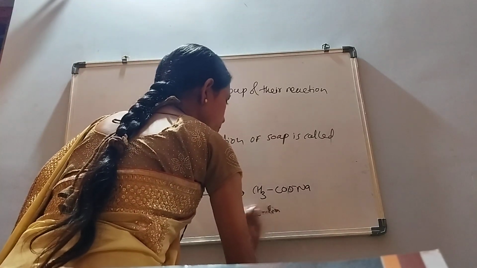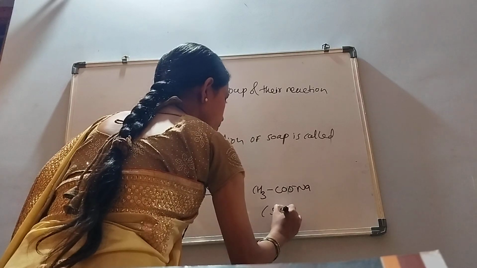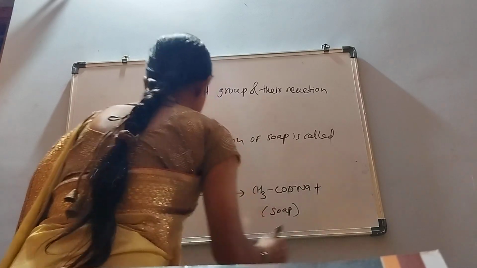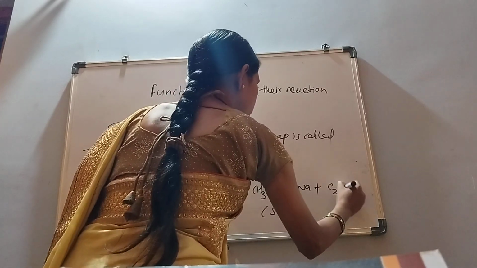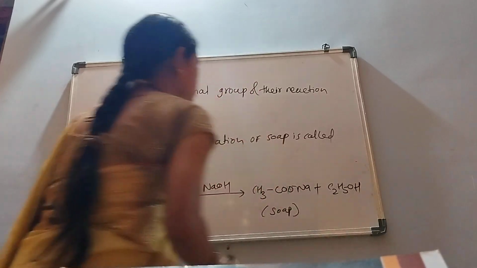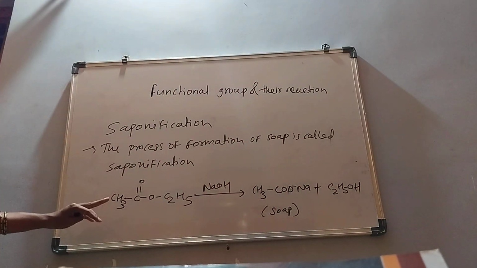This is only the soap, this we call soap, plus ethanol C2H5OH. So these compounds we are getting in the saponification process.